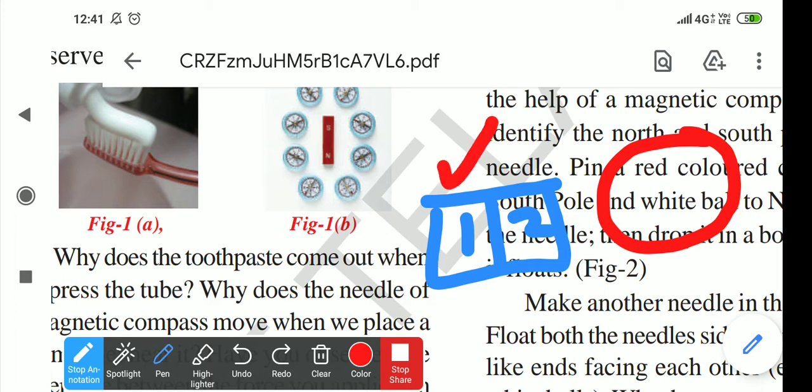Whether one is north or two is north, nothing will happen. Consider here, we can observe it is pulling. The bar magnet pulls the needle of the compass because there is an attraction between both. So constantly we can observe there is a deflection of the magnetic compass due to this magnetic force of attraction. This is a non contact force.